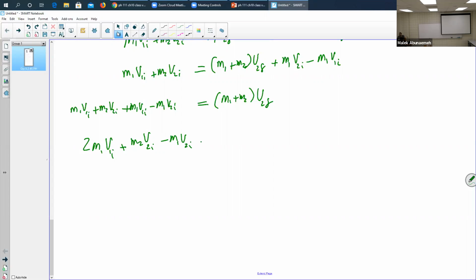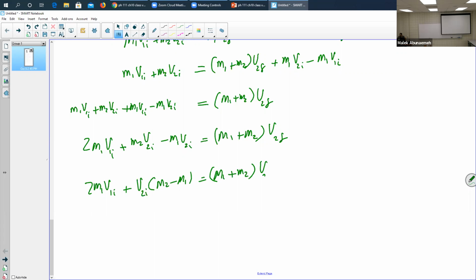M1 V2I is going to equal M1 plus M2 V2 final. Well, you got V2I, so 2M1 V1 initial plus get the V2 initial as common factor. So you get M2 minus M1, which equals M1 plus M2 V2 final.